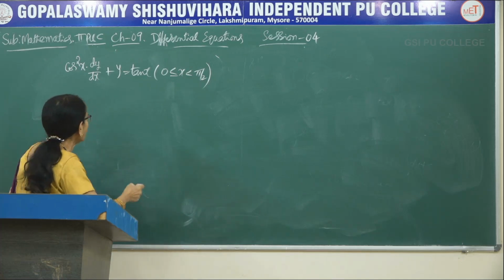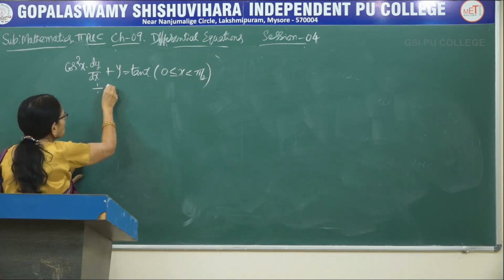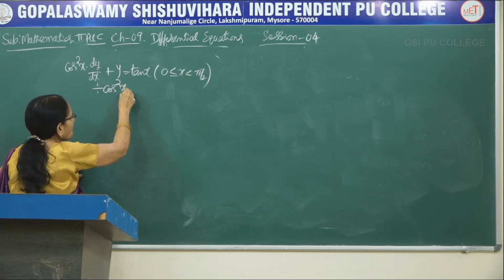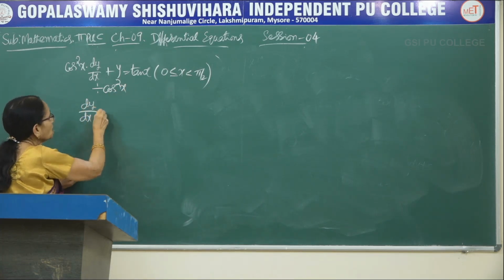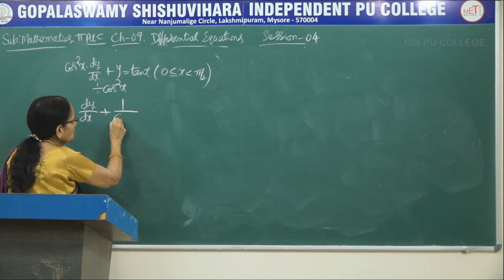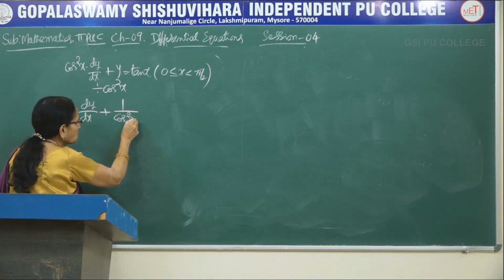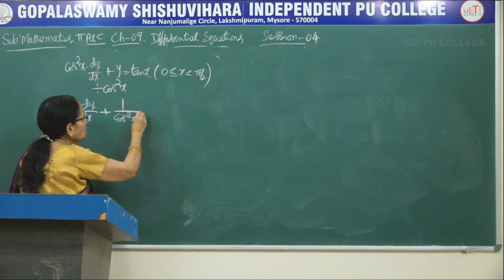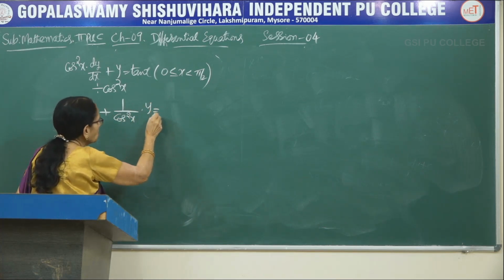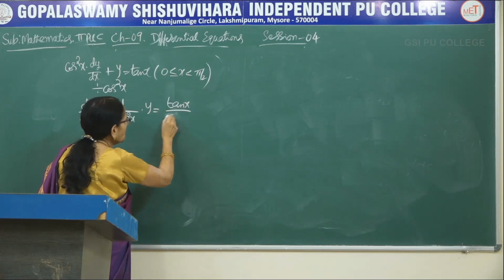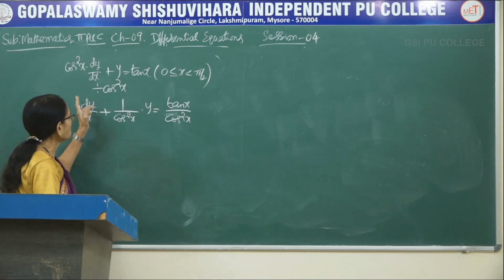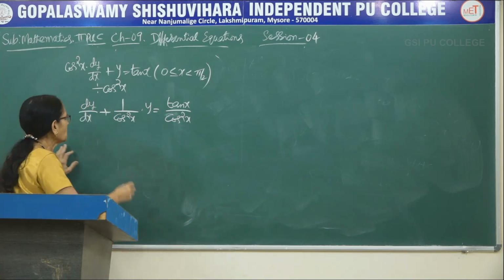So, to bring it to the standard form, the first step is you have to divide by cos square x, that is dy by dx plus, dividing both sides, 1 by cos square x into y, and the right hand side is tan x divided by cos square x. I am dividing by cos square x, which is the coefficient of dy by dx.